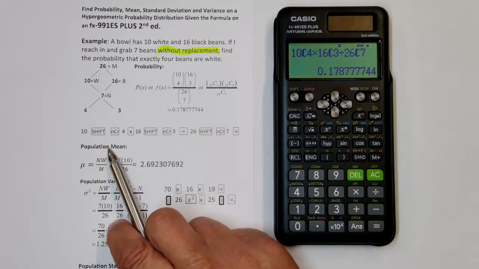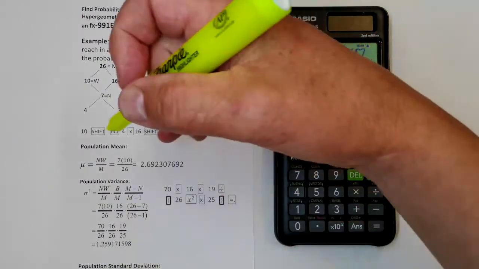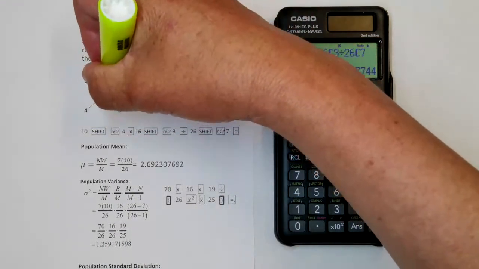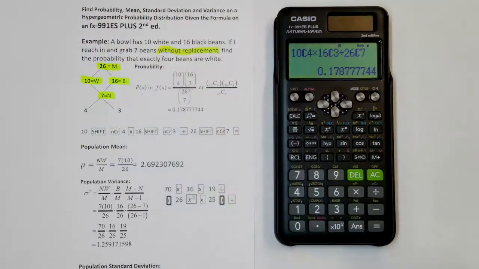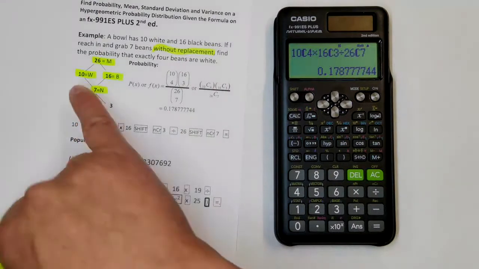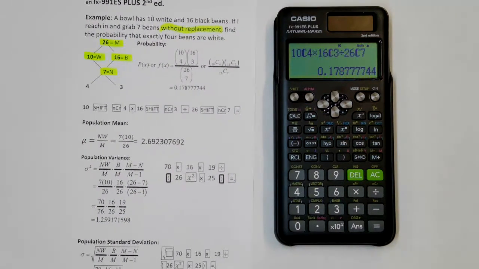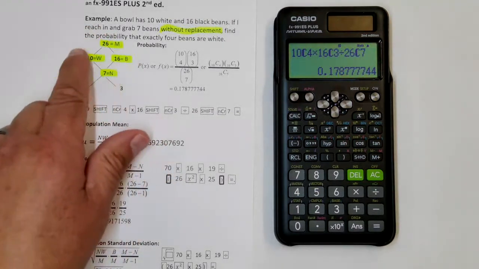Now, the population mean has to do with these values. I need to know that 26 is my M, 7 is what I've grabbed, 10 white, and 16 black. So what I really want is to use the top values here.